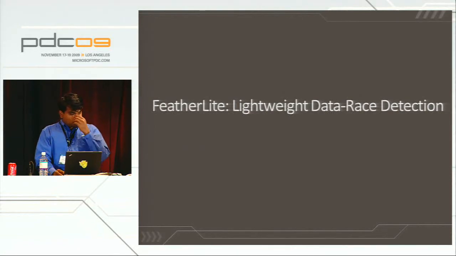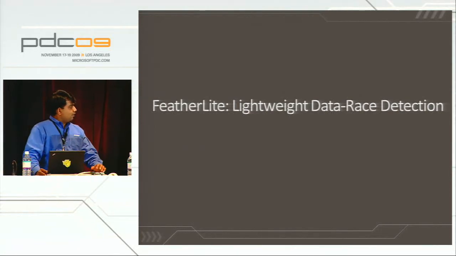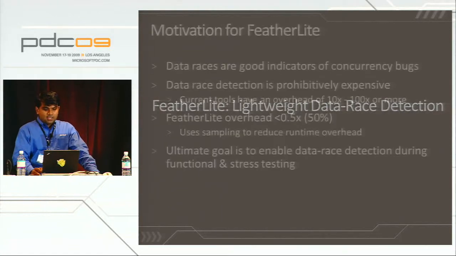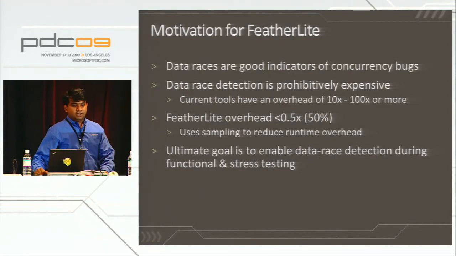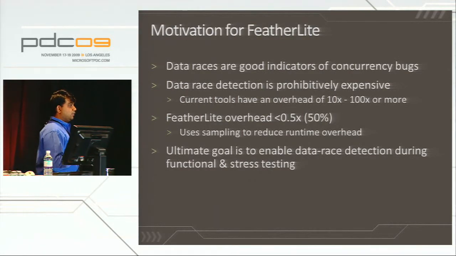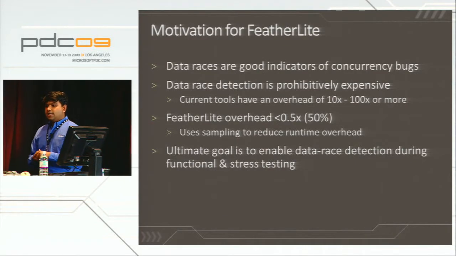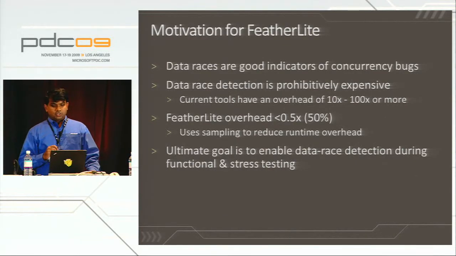So the second tool I'm going to present is called Featherlight. And everybody here probably knows what a data race is. It is a special class of race conditions where you're accessing data without proper synchronization, and it's a good place to look for concurrency bugs.